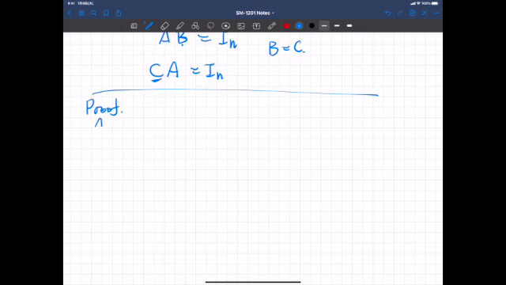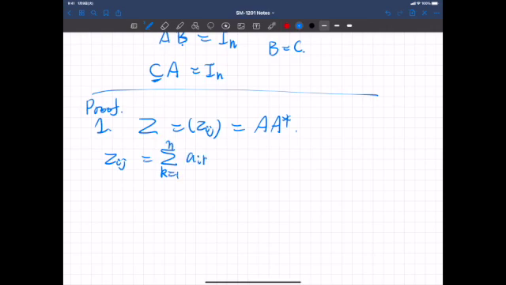Proof of 1. Let's say Z_ij is this matrix product, A times A star, where A star is A's adjugate. Then each element of this matrix Z is given as this: Z_ij is equal to this summation of a_ik times A star_kj.